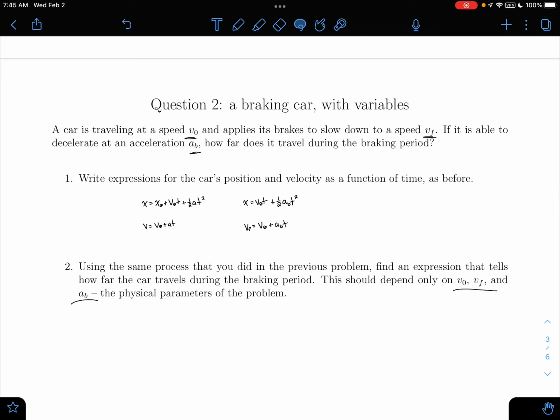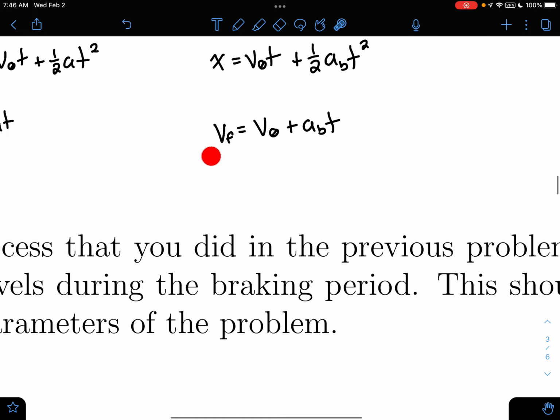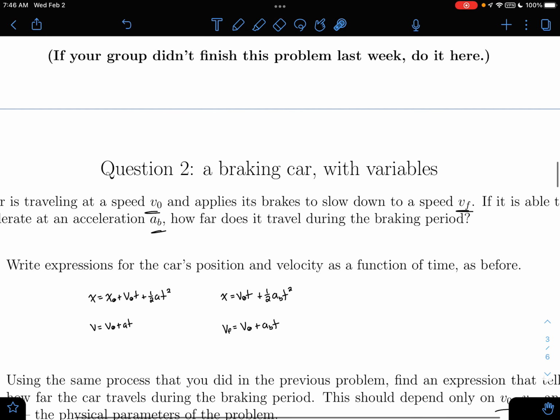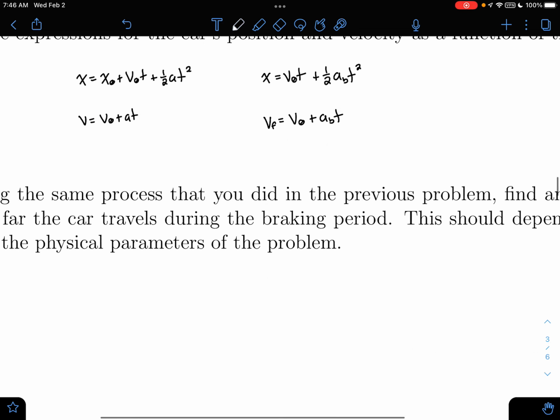In our velocity equation, we know v final, that was given, so we plugged in for that. We know v naught, that was a given, and we know acceleration, that was given. So the only thing we don't know in this equation is time. So let's solve that for time.